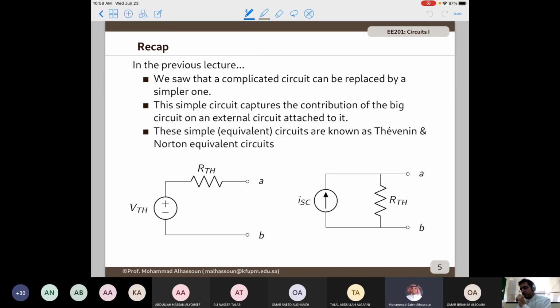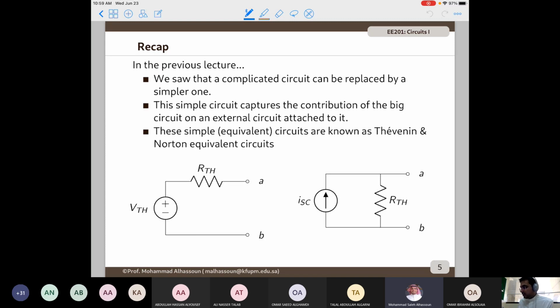So just to go over what we did last time. We had a situation where we have a very complicated circuit, and we want to replace it by a simpler one. There are multiple reasons for that. The main reason is you don't care about what's going on inside the circuit. You care about what output this circuit is going to give you, and how it's going to behave when you connect it to another circuit that you are interested in.